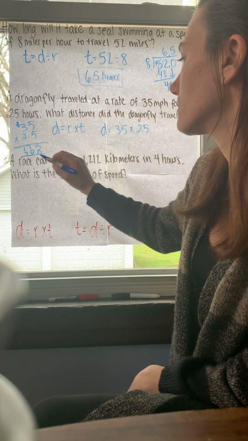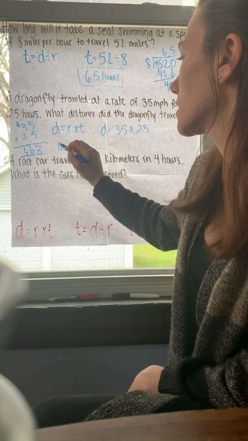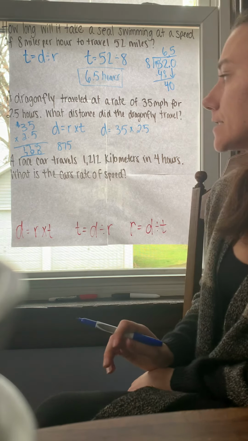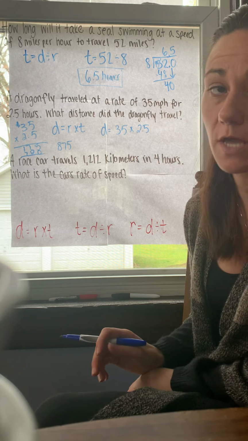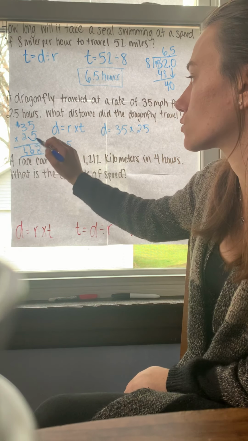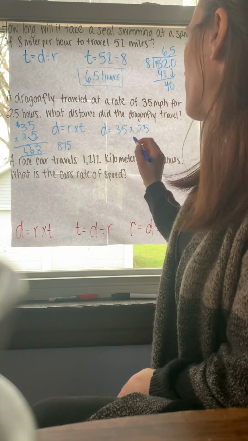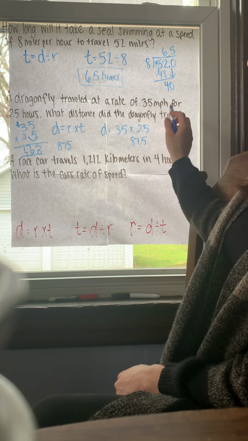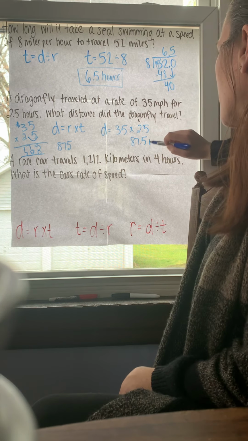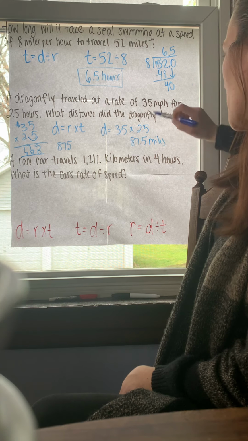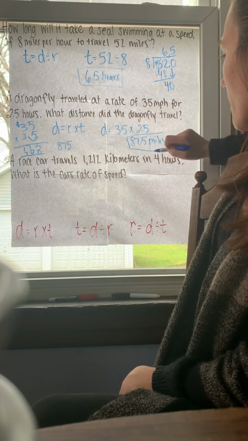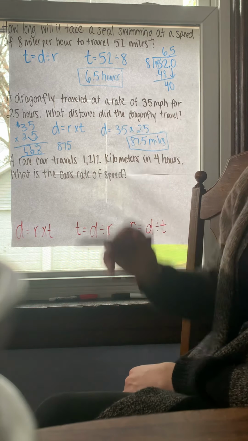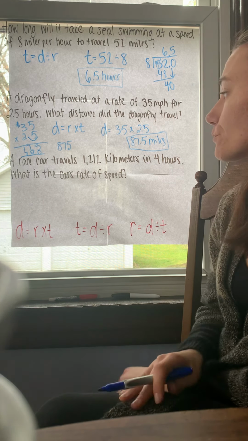So when we add, which I'm going to write over here, it's 875, but it's not because we have to put the decimal. So there's one place. So it travels 87.5. And it's miles because it was miles per hour. So that's how you would know to label.